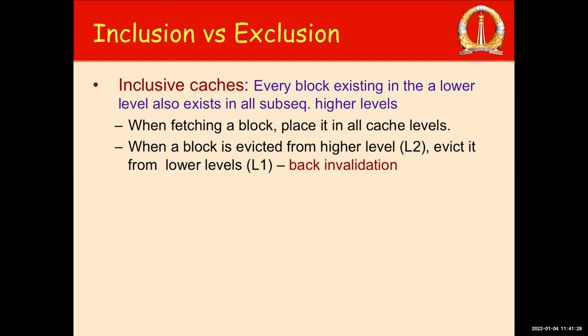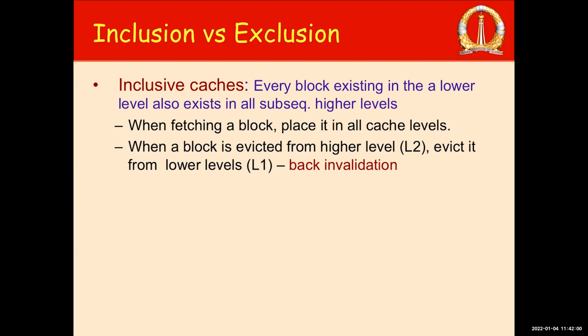Let me put it correctly. Every block which exists in the lower level also exists in all subsequent levels. So for example, if I find a block in L1 cache, then I should necessarily find this block also in L2 and L3 caches. Therefore, whenever a block is evicted from a higher level cache like an L2 or an L3 cache, we have to make sure that it is also evicted from the lower level caches. Such kinds of caches are called inclusive caches.